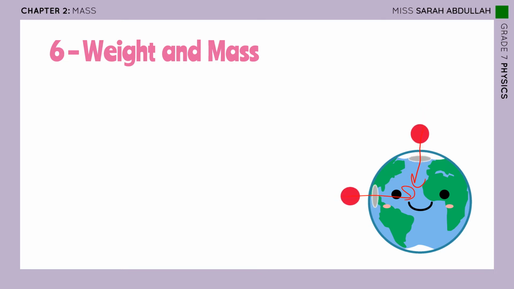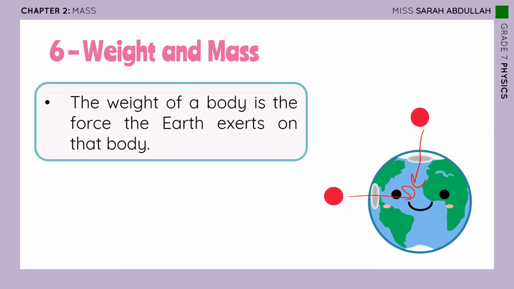Something is actually pulling this object down. This is the force of attraction that the earth exerts on this object. What do we call this force? We call it the weight. So the weight of a body is the force the earth exerts on that body. So this is weight.